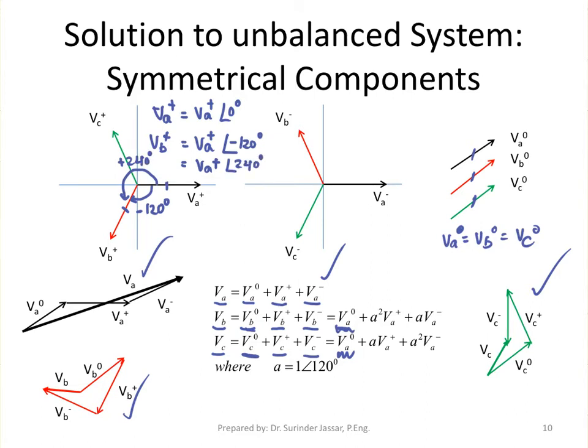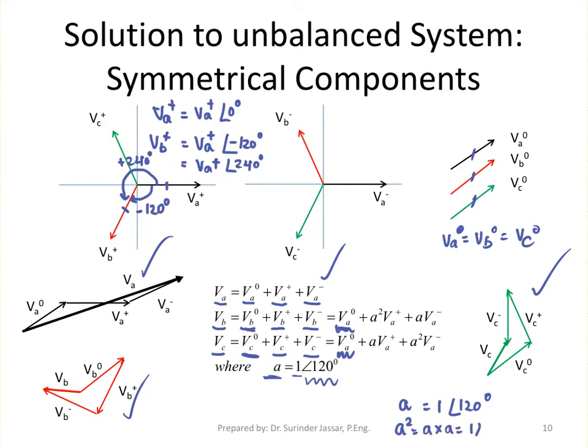Okay. Now I define something. I define an operator A which has an amplitude of 1 and an angle of 120 degrees, right? Now let's say here is the operator A, which is 1 at an angle of 120 degrees. A squared is A multiplied by A, right guys?